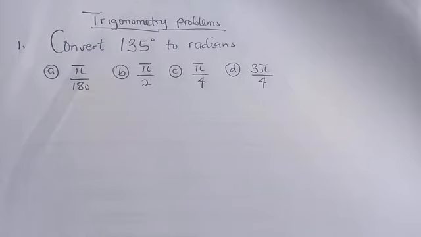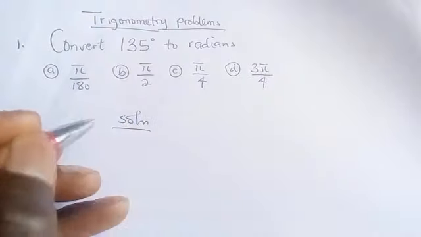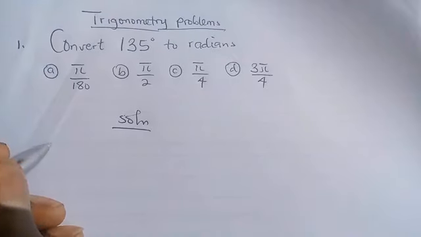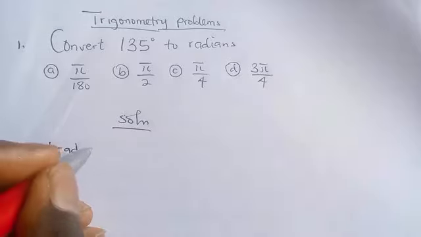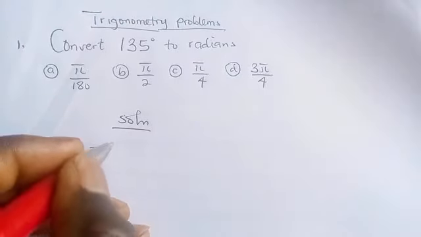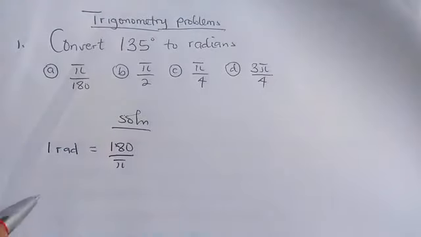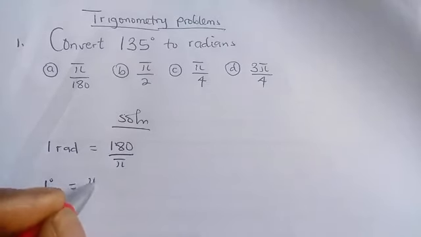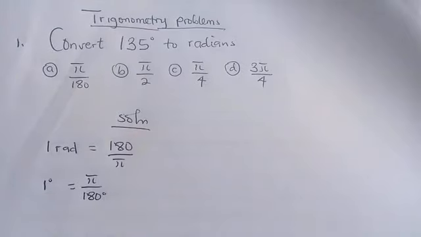And we did say that anytime you are asked to convert a number from degree to radians, there are conversion factors. For instance, 1 radian, that is 1 rad in short, is equal to 180 divided by pi, whereas 1 degree is equal to pi over 180 degrees.